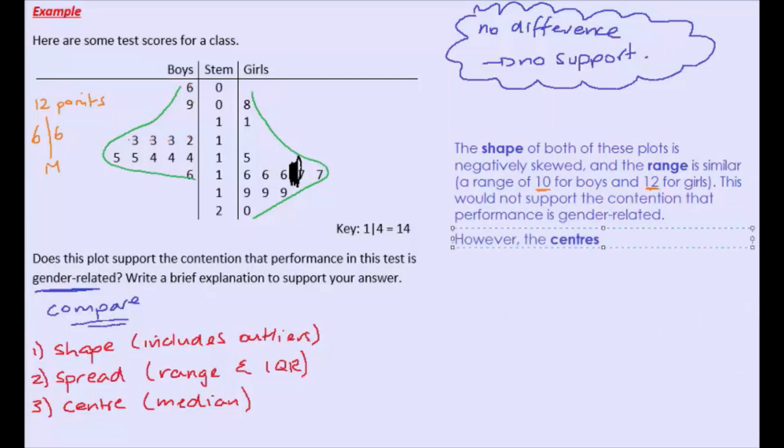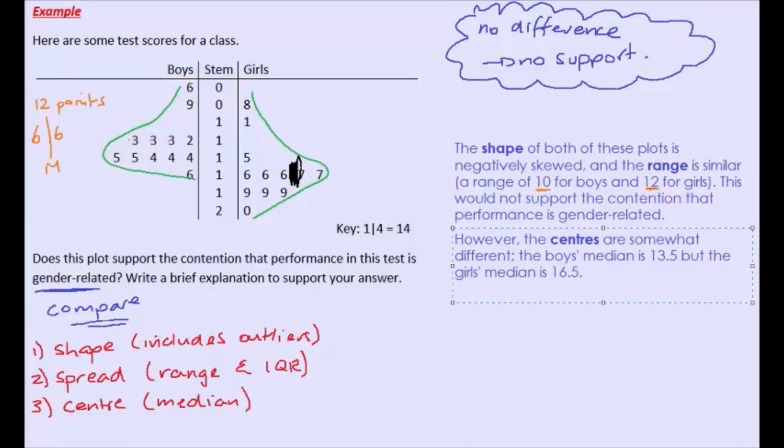So I'll write something along the lines of, however, the centers, so therefore I'm using these keywords that you want to use, and then I'll write, the centers are somewhat different. And I'll name the numbers. So I might list it by saying something like the boys, I think that should be boys' median, is 13.5. But the girls' median is 16.5.